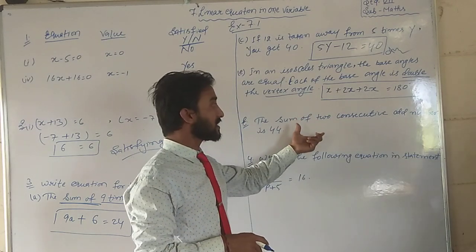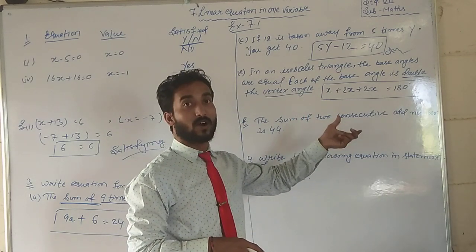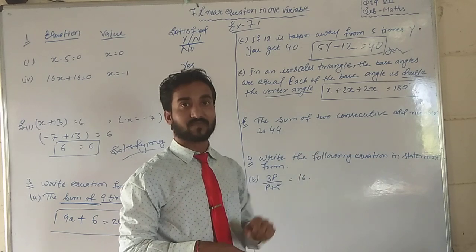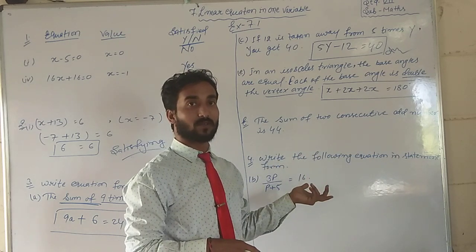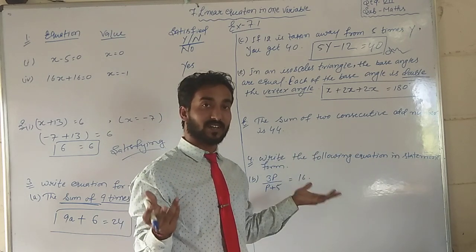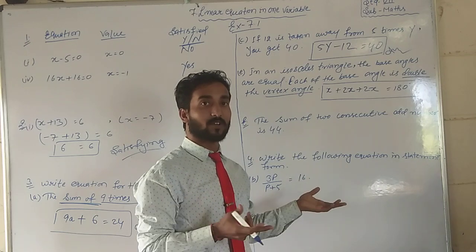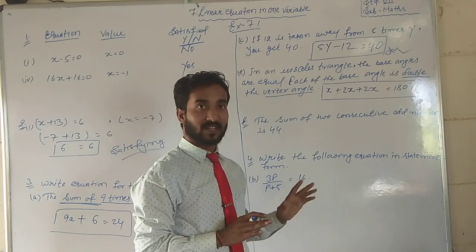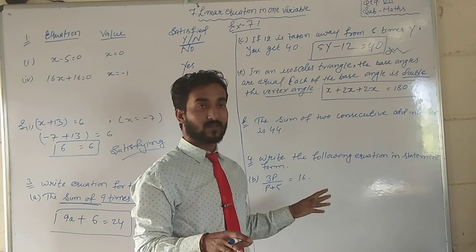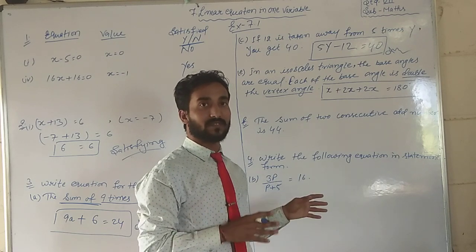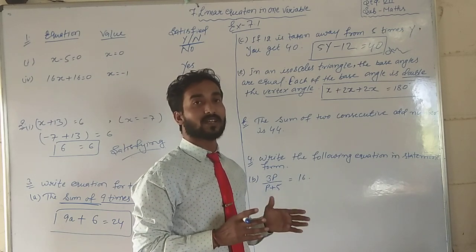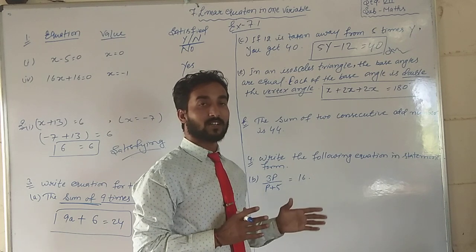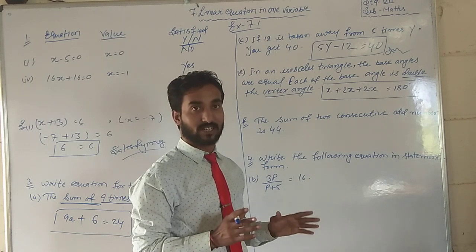How will you come to know which consecutive odd numbers? There are infinite numbers. From which number will you start? It's not clear. So if a numerical value is not given, in such conditions what will you take? You will take variables, not a constant value.